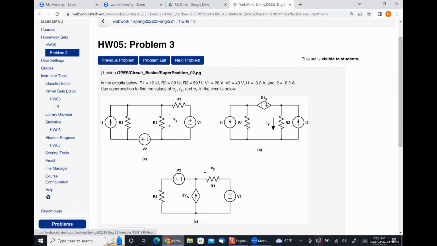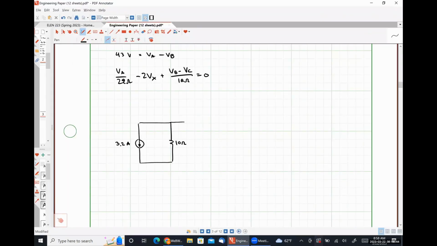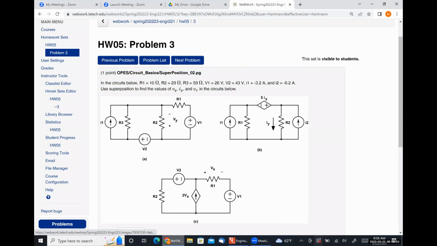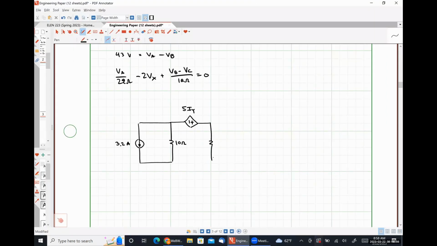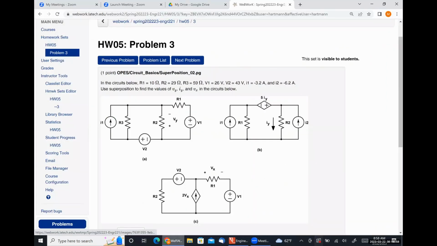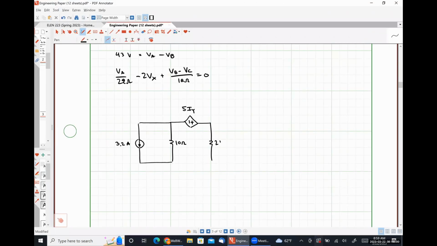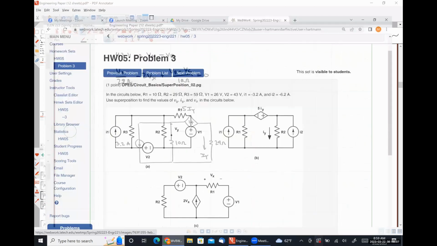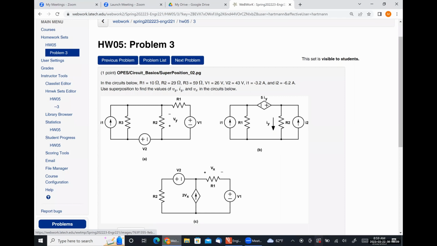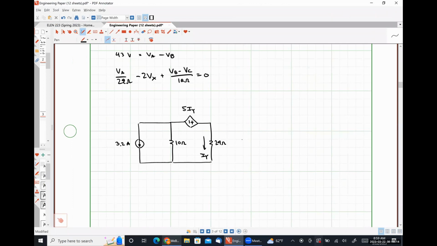Then we have our voltage source, 5IY, positive polarity on the right. Here's R2, which for me has a value of 29 ohms. This is my current IY. I2 is negative 6.2 amps up, so it's going to be positive 6.2 amps down.